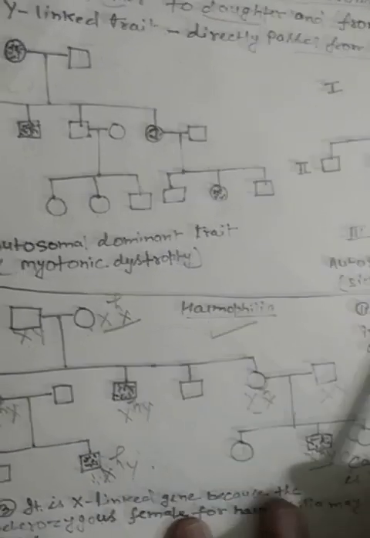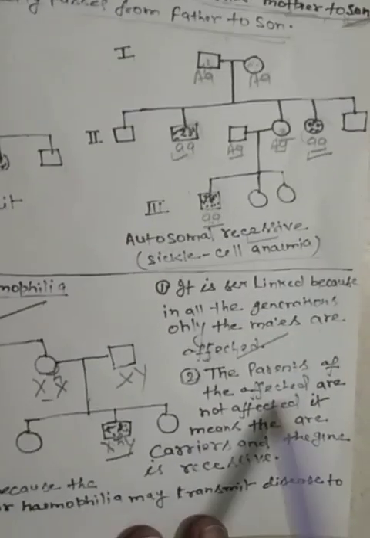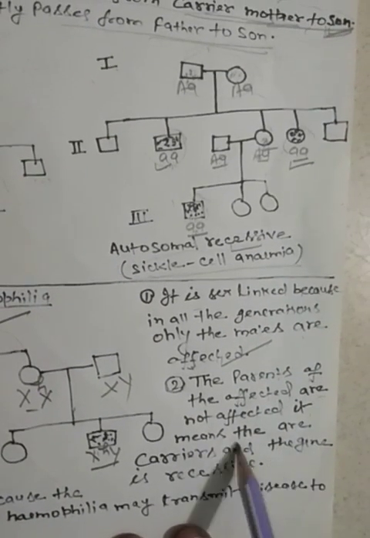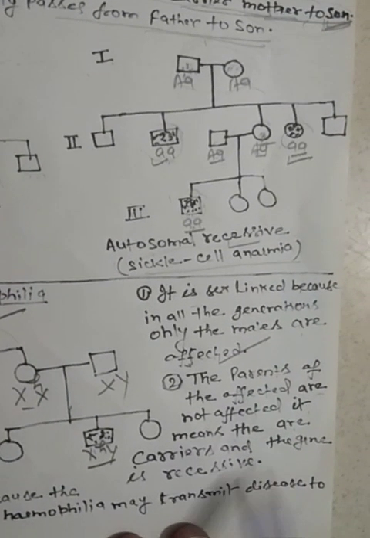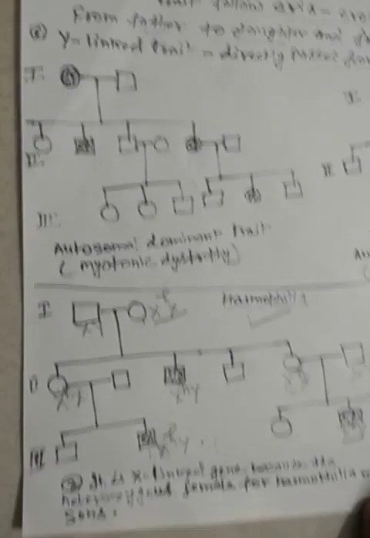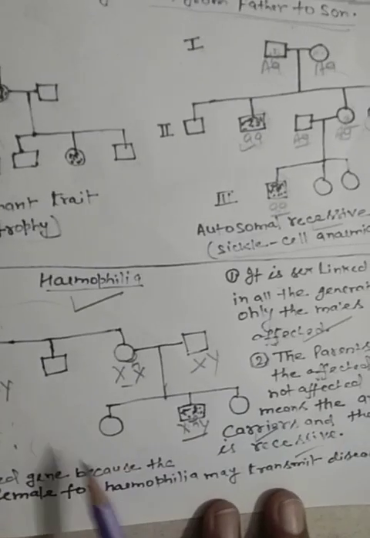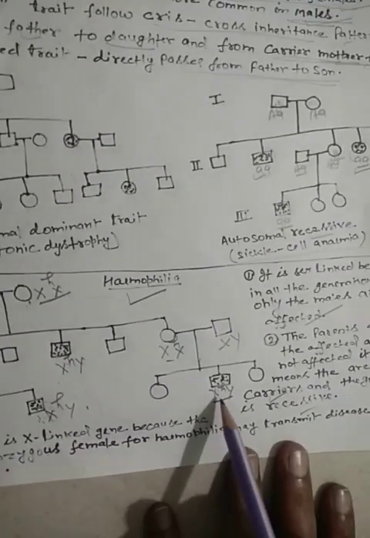So we learned here it is sex linked, because in all the generations only the males are affected. Second, the parents of the affected are not affected, which means they are carriers, and the gene is recessive, because the disease is not present in the parents but is present in the children or offspring.